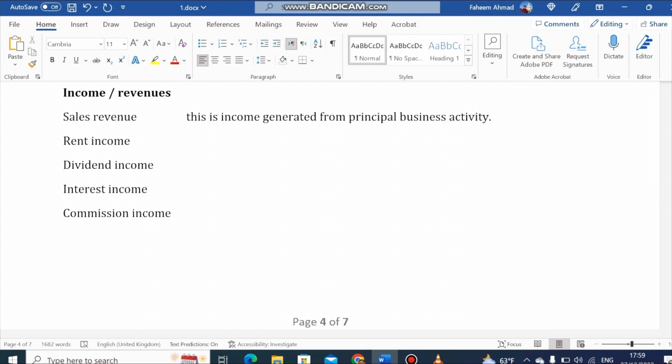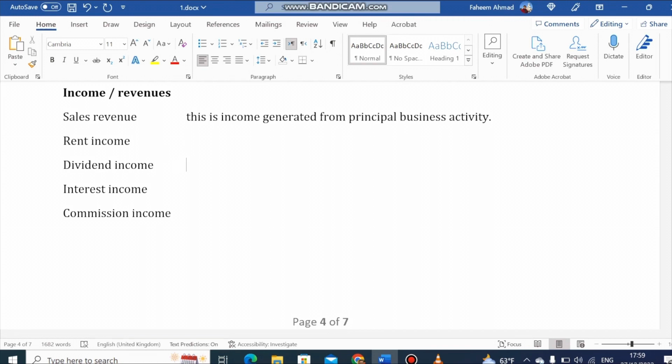Whatever cash income we generate by providing tuition services, that goes under sales revenue. Then we have rent income. If business has some spare capacity, business rents it out. Whatever rent income they will receive, that will go under rent income.